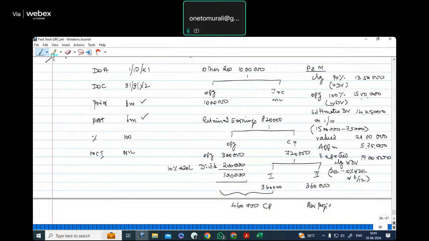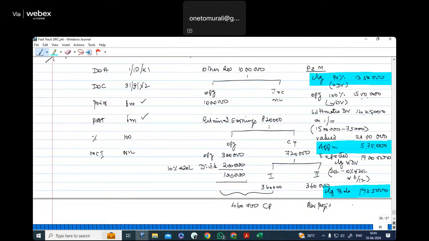But by considering the closing balance of 13 lakhs 50,000 and appreciation of 5 lakhs 75,000, it would be 19 lakhs 25,000. You would be finding closing balance would be 19 lakhs and 25,000.